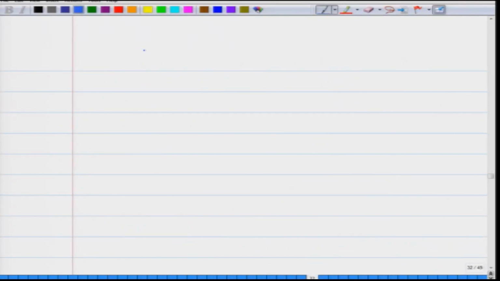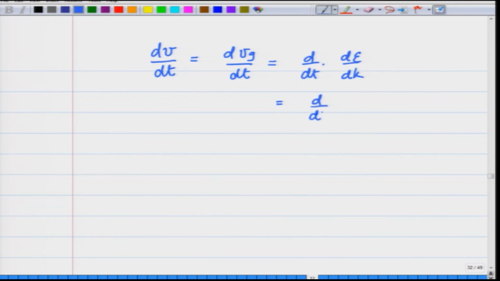If I were to calculate the rate of change of velocity of the particle, it will be the same as dVg/dt, where Vg is the group velocity, and this will be d by dt of dE by dk, which I can change to d by dk of dE by dk times dk/dt.